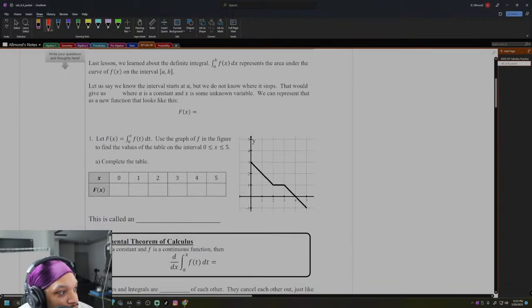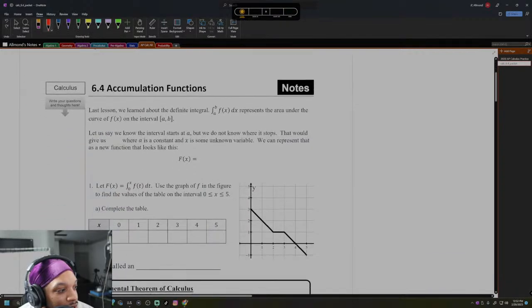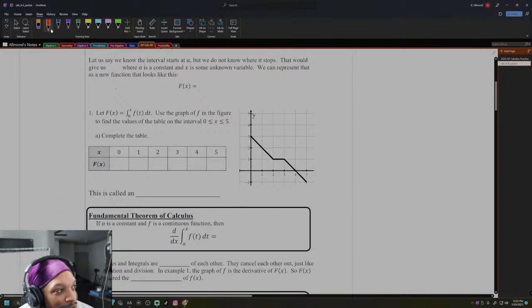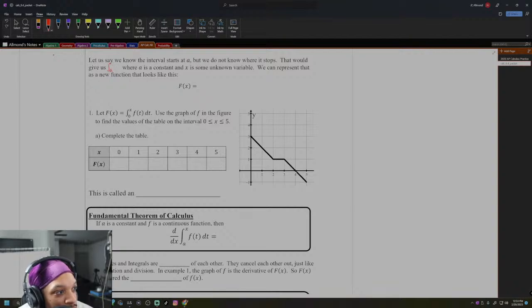All right. So let's say we know where the interval starts at A, but we do not know where it stops. That would give us an integral. Actually, let me make this skinnier. From what to what is my question to you. If we know where the integral starts, but we don't know where it stops, what would I put instead of B?